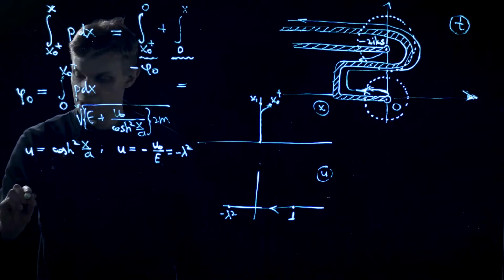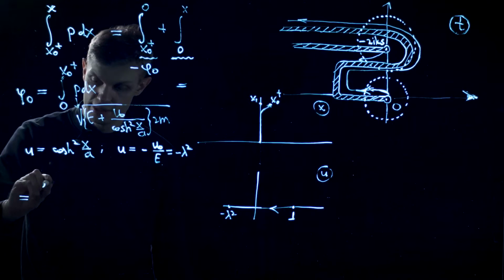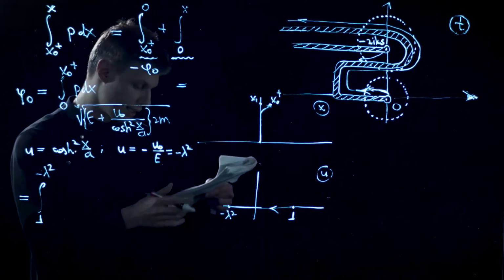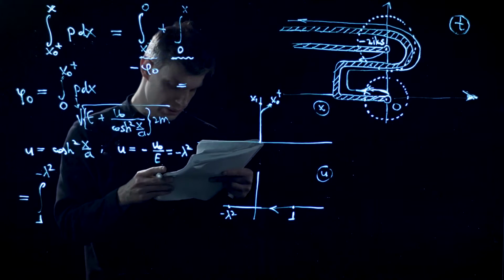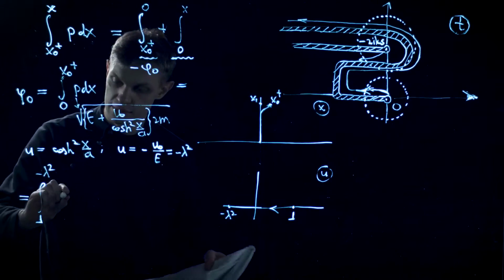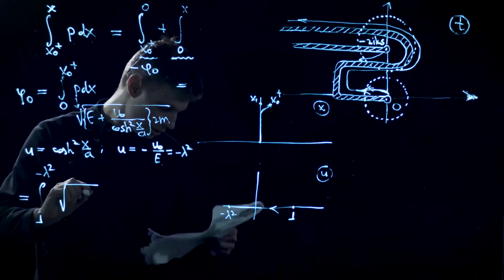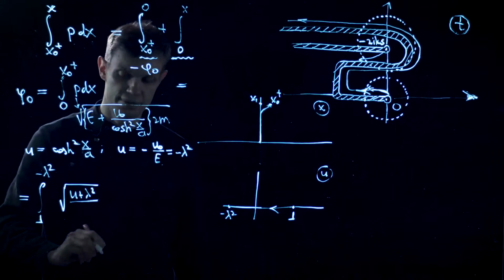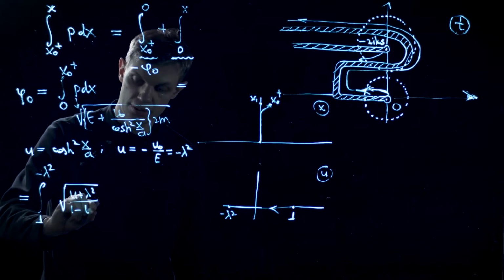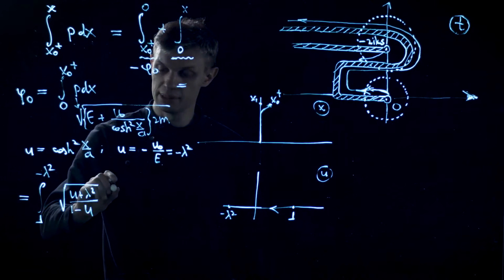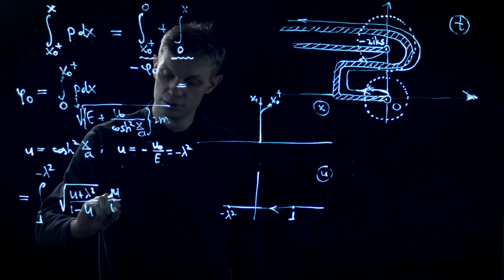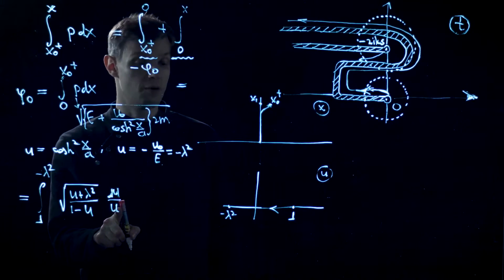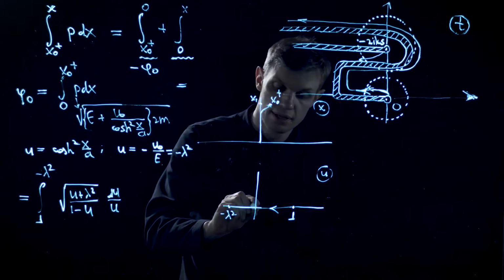And after the change, you get the following expression: from 1 to minus lambda squared, the square root of u plus lambda squared, divided by 1 minus u, and du over u.